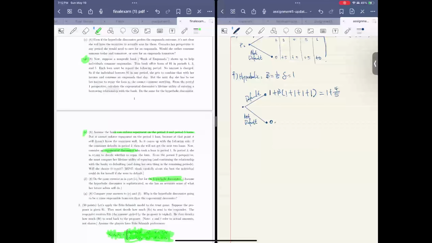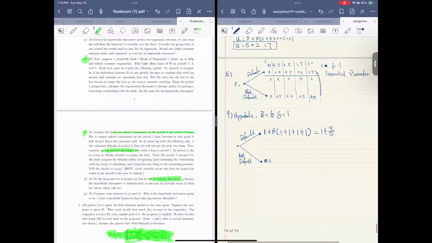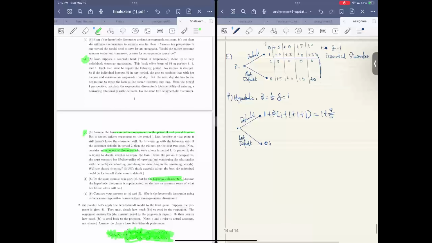In this case, the bank can still enforce the repayment in the last 2 periods. So the hyperbolic will actually follow through with 2.